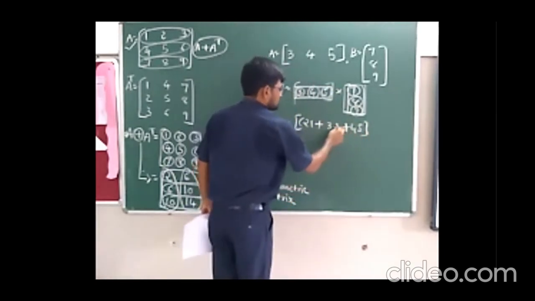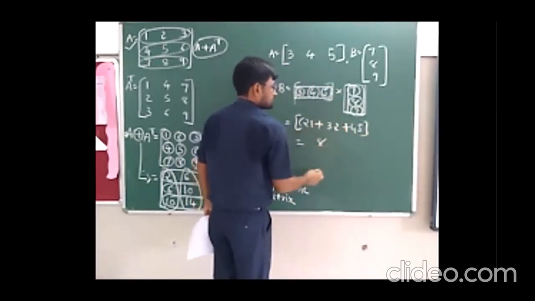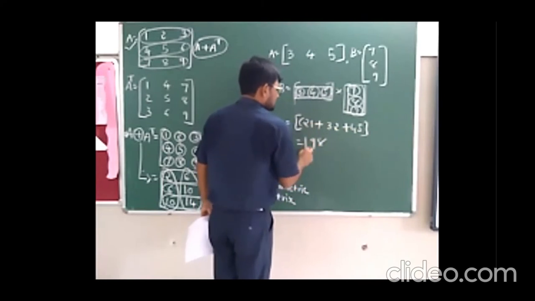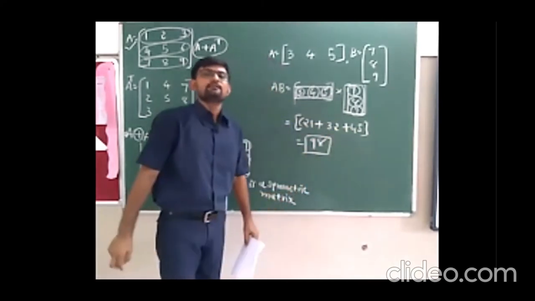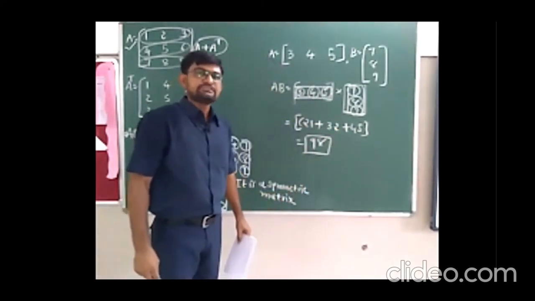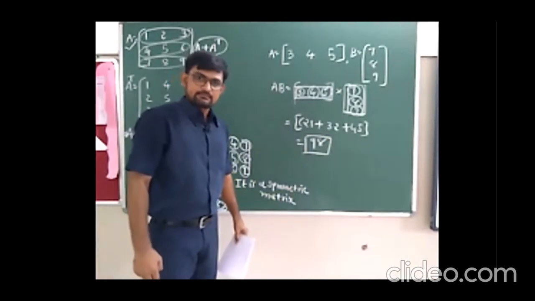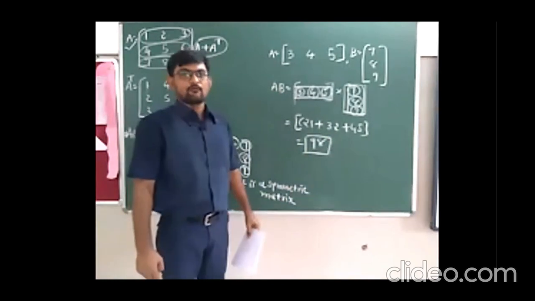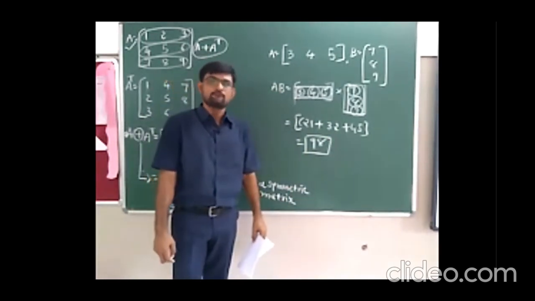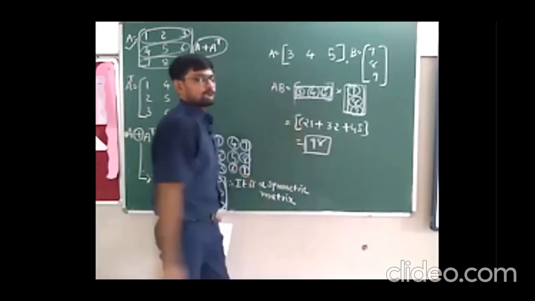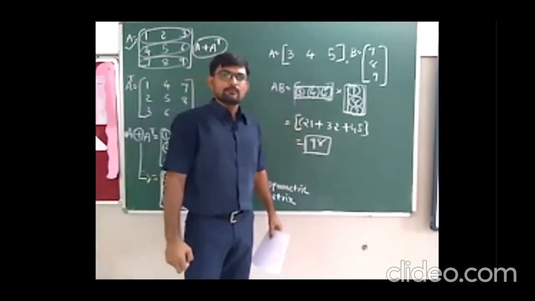So 5 plus 2 7, 7 plus 1 8, 4 plus 3 7, 7 plus 2 9. So here we have only one answer 98. So no need to write in the square bracket because matrix format is used when we have more than one element. So 98 is the answer of A into B.